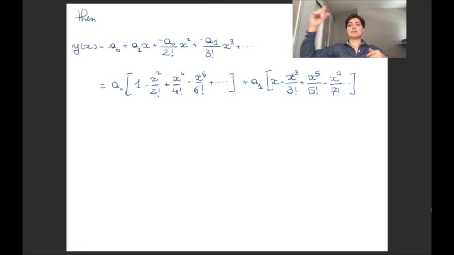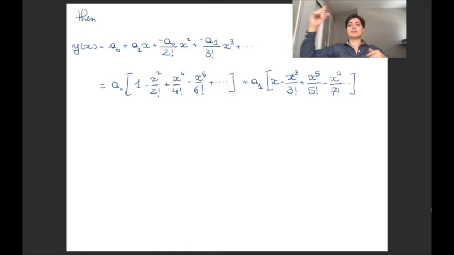So a0 is multiplied by this sequence that is 1 minus x squared divided by 2 factorial plus x to the 4th divided by 4 factorial minus x to the 6th divided by 6 factorial, and so on. You see the sign is shifting at every round. We're jumping powers of x 2 by 2.